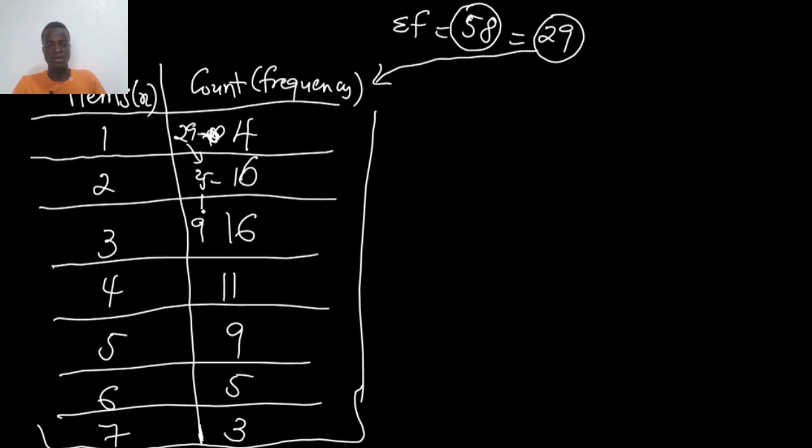So we come here with 9. Now 9 minus 16, right? What will happen is that the 9 is less than the 16. So the item that we found here, we are supposed to say 3, right? We are needing two items in the middle.